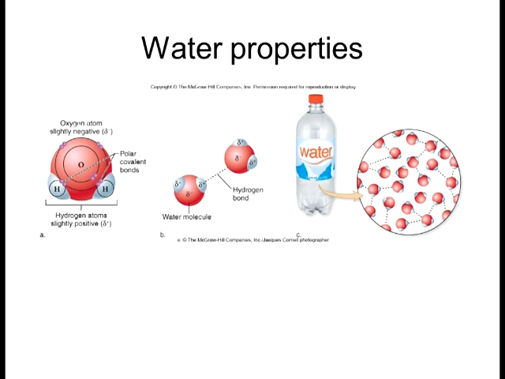Okay? So, opposites attract. We know that, just like with the ionic bonds. However, due to the fact that these are not ions, they're just slightly charged, then there's a weaker attraction between them. All right? And these hydrogen bonds are very transient, which means they're constantly being broken and remade.